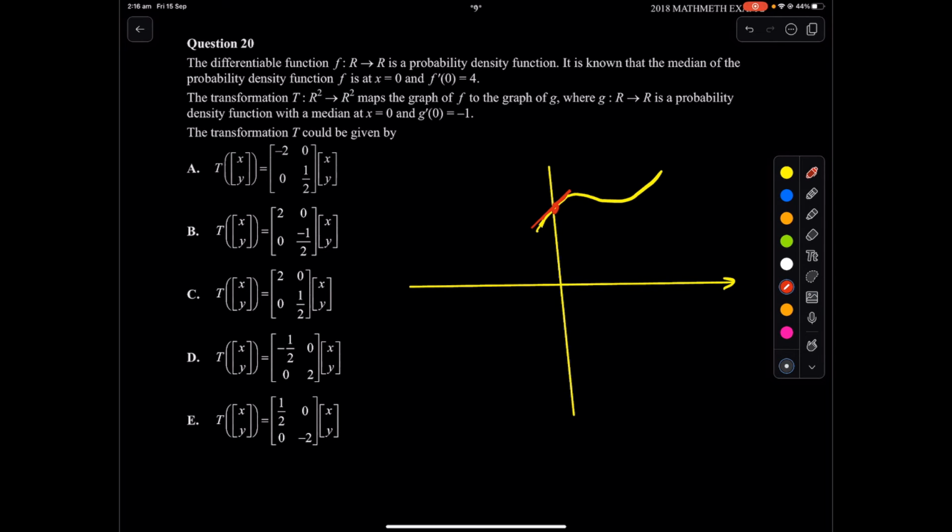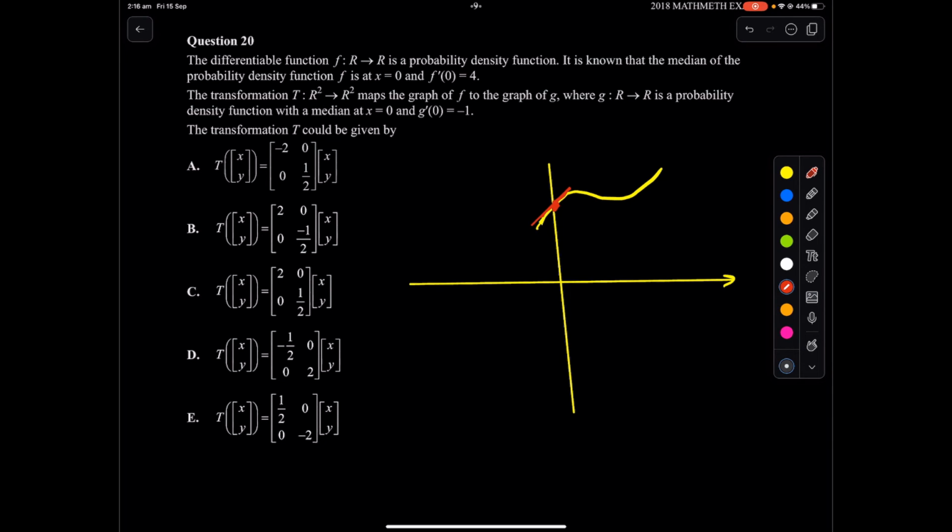Okay. Perfect. And what's happened is it's still the same point, but the gradient has now become negative. So it's become less steep. It would look like this, something like this. Perfect example.